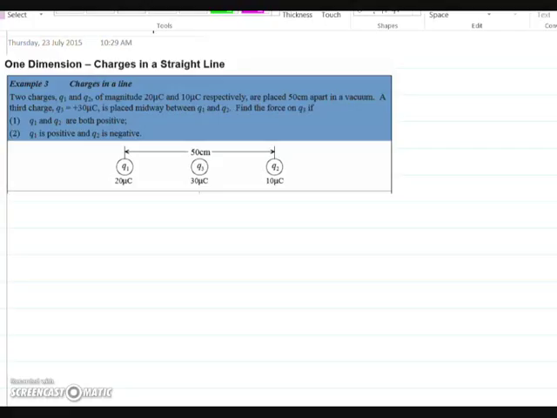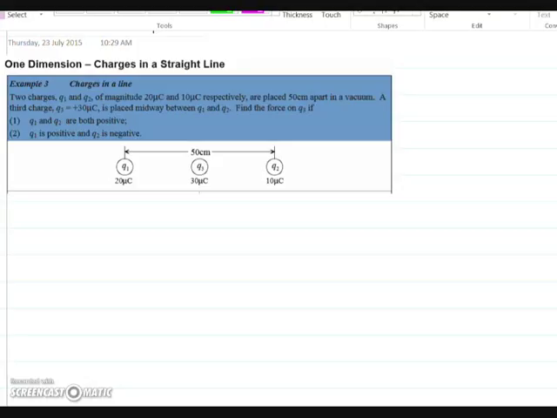So already they've identified the medium. A third charge, Q3, which is positive 30 microcoulombs, is placed midway between Q1 and Q2. And they're asking us to find the force on this guy here, from the other two.